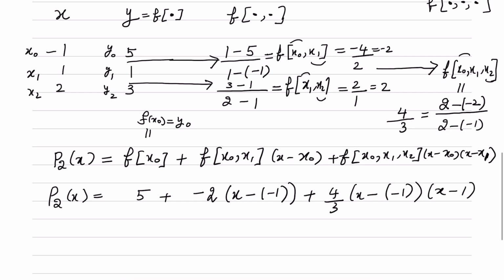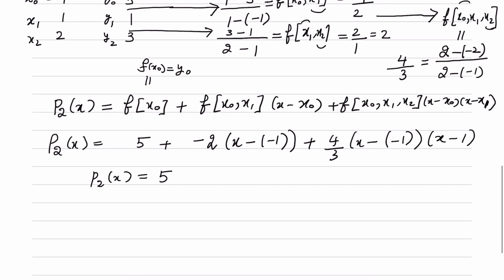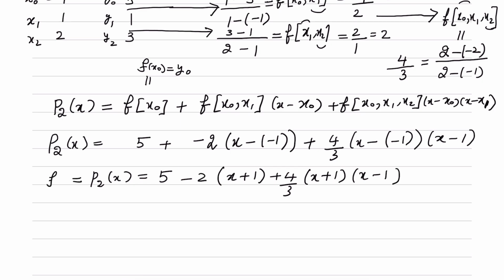So the polynomial here is 5 minus 2 x plus 1 plus 4 by 3 x plus 1 into x minus 1. We have the polynomial which is same as the function f of x, which is same as the function y.